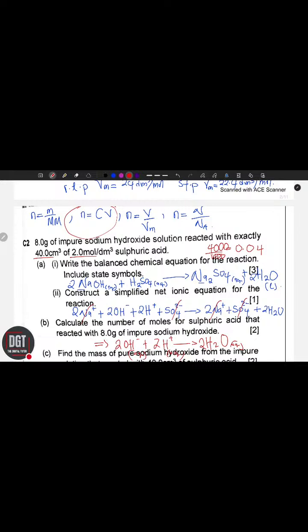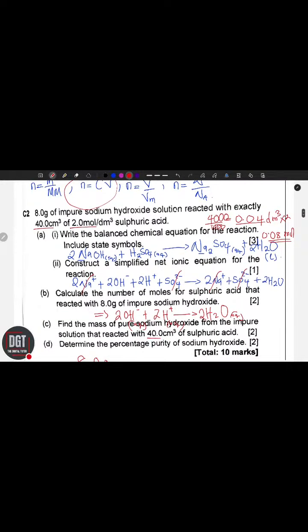Confirm? Is it 0.04? Okay, 0.04 decimeter cubed. That is what we found as the volume. So now the volume, we need to multiply it with the concentration. So multiply this one by 2, and we are going to have 0.08 moles as the number of moles of what?